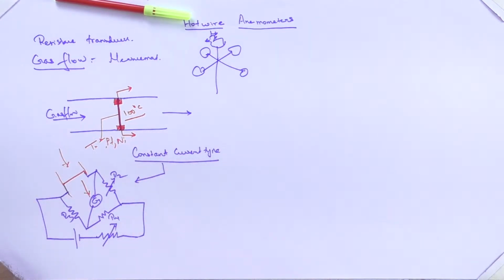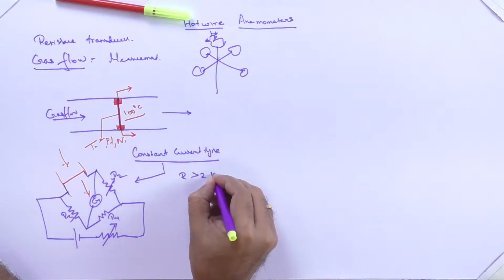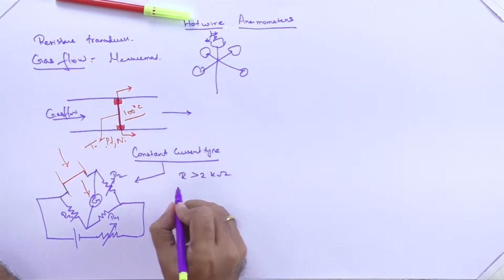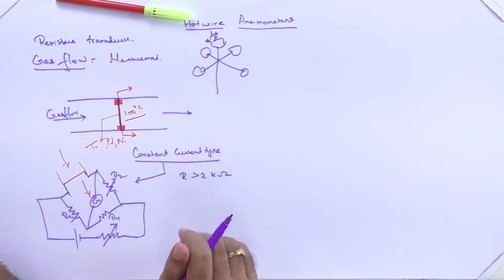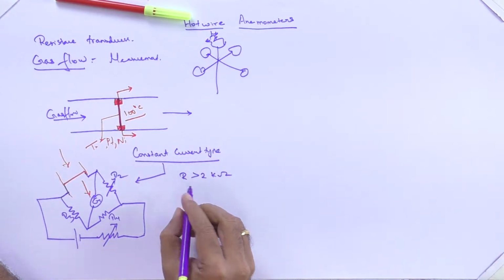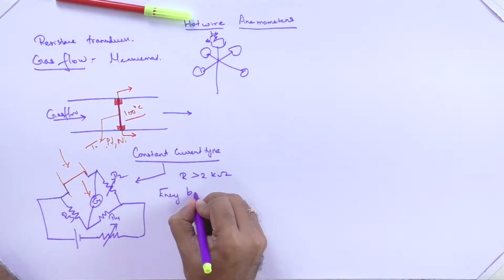Okay, this is a constant current type of hot wire anemometer, and the resistance will be dependent on like this. When the resistance is above 2 kilo ohm, we can measure this, and the energy balance equation for this is, these are all you have to remember.